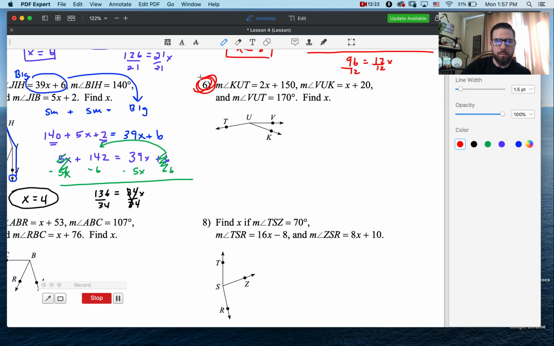All right. Now, K-U-T. K-U-T. Oh, that's a small piece. So remember, we're going small plus small equals big, right? So this is a small piece. How do we know? Because it doesn't go tip on the left all the way tip on the right. Okay, 2x plus 150. Okay, V-U-K.